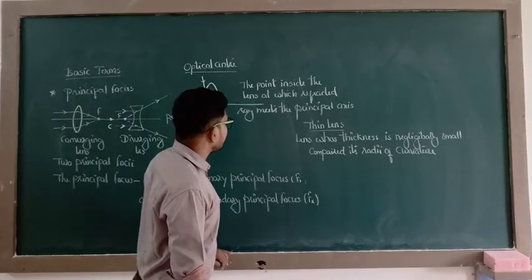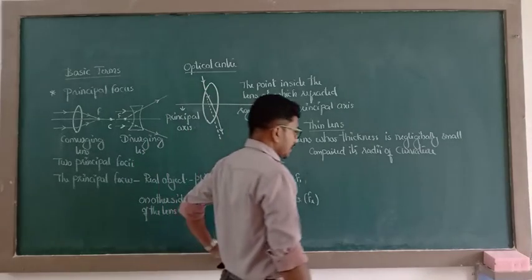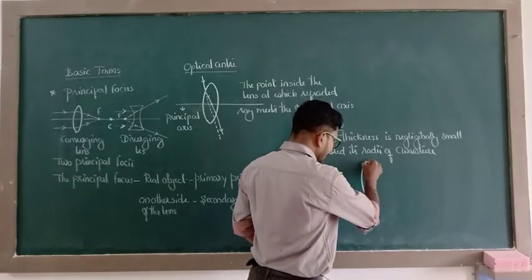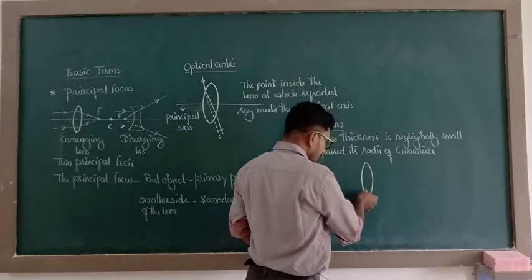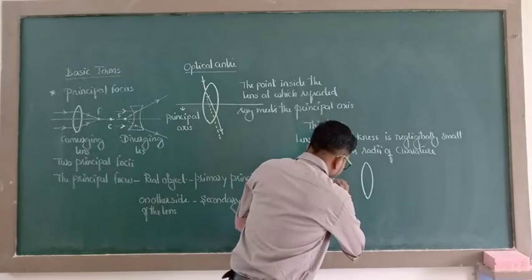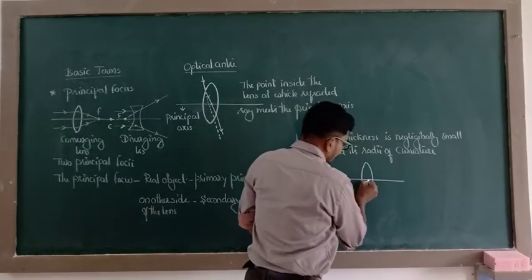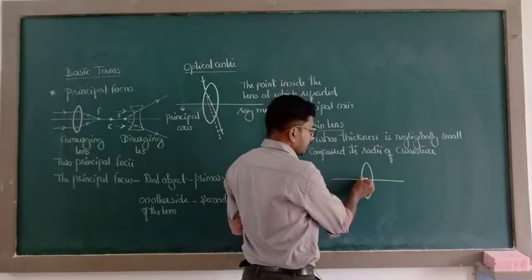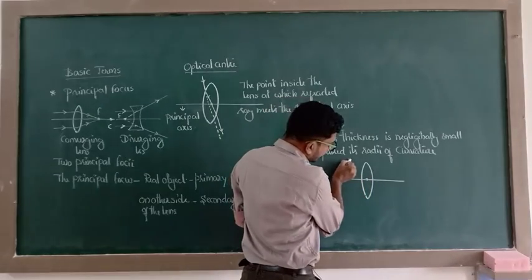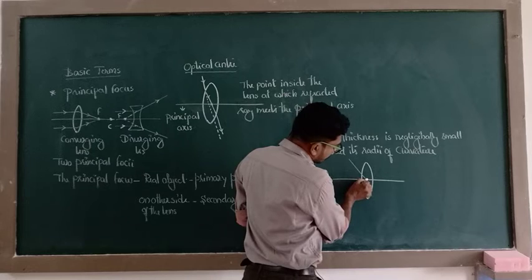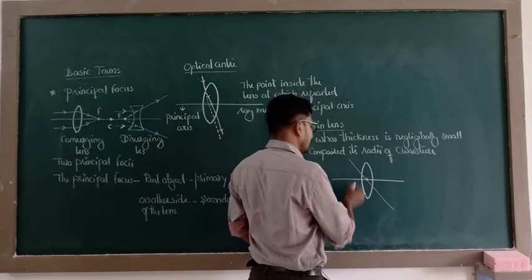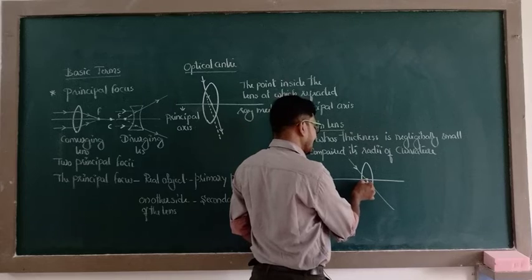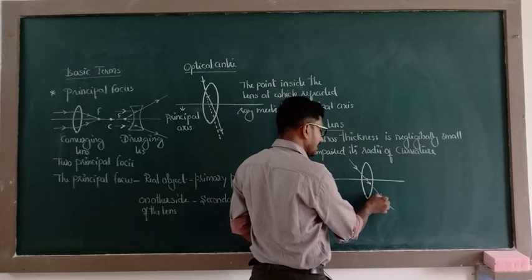Then in case of a thin lens, if a light ray is made to pass through the optical center on the principal axis, this light ray proceeds without any deviation. Direction of incident light ray, direction of refracted light ray, direction of emergent light ray.